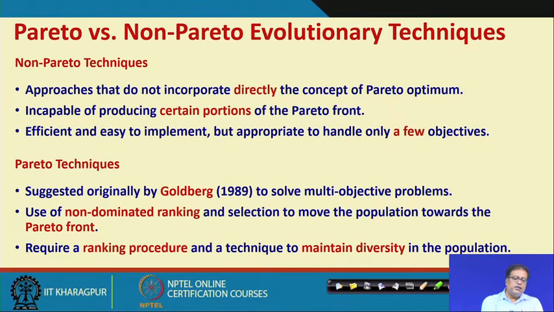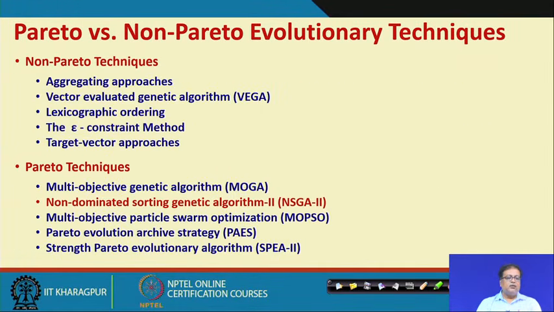So, usually it uses non-dominated ranking and selection to move the population towards the Pareto front, and two procedures are followed. One is a ranking procedure and another is a technique to maintain diversity. So, these are the two techniques that are followed.